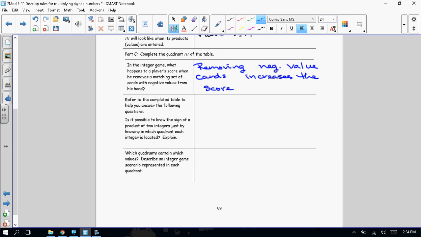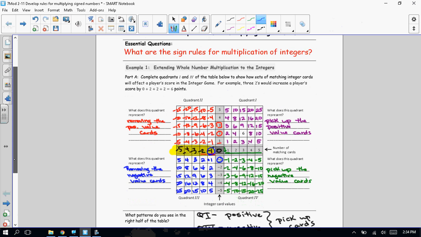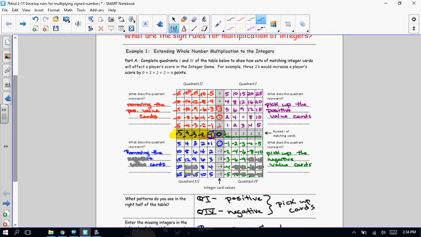So, is it possible to know the sign of a product of two integers just by knowing which quadrant it is located in? Okay, I'm going to go back. Let's take a look at this page here. Look at the purple quadrant, quadrant 1. Does it stay consistent up there? Are they always all positive?